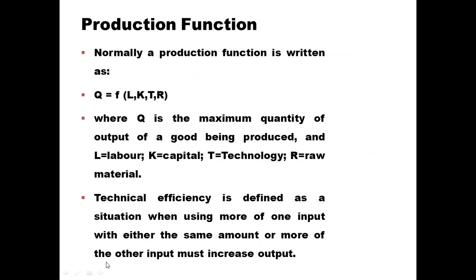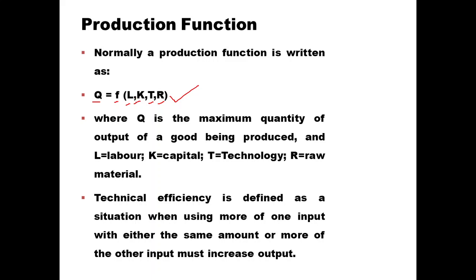Normally the production function can be shown with the help of this type of notation: Q is usually used for output or production, F is for function, L is labor, K is capital, T is technology, and R is raw material. Whatever notation you use, Q is normally used for output, as a function of factors of production.